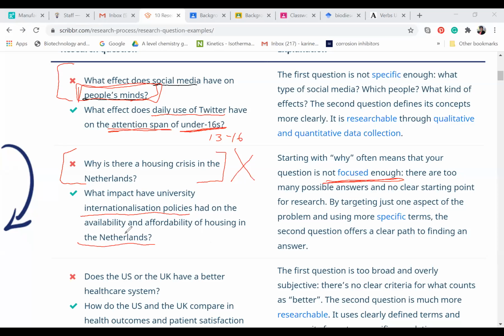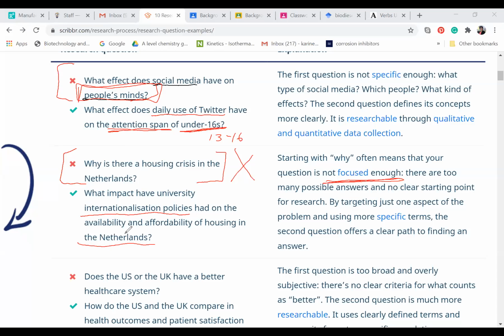People? Miss the introduction of the availability and affordability. They should probably stick to one. Yes and no, because you can have 2 sub problems here. You can look at availability and you can look at affordability.